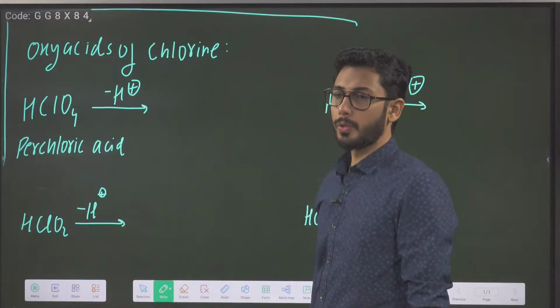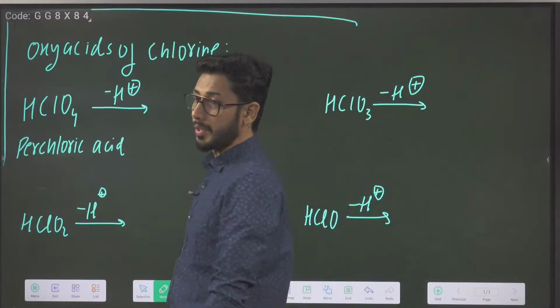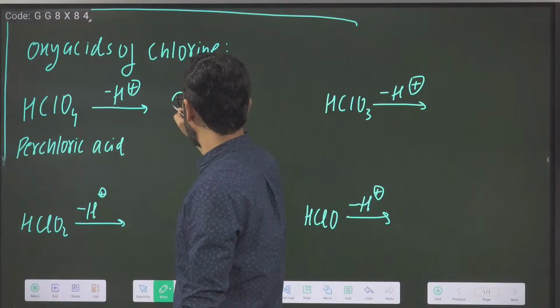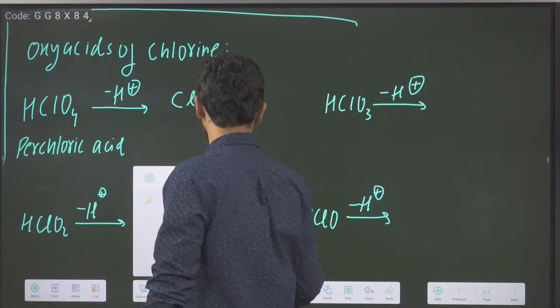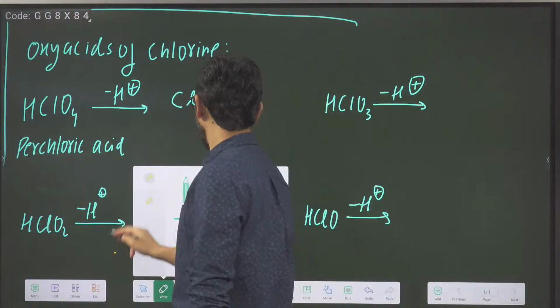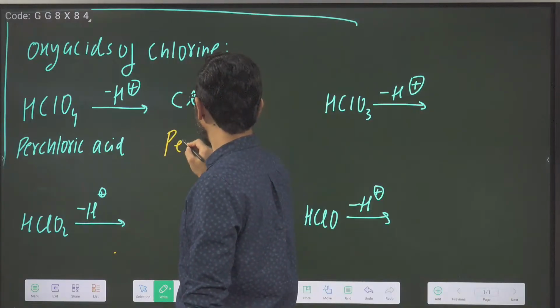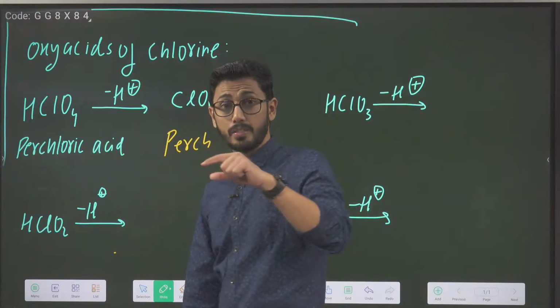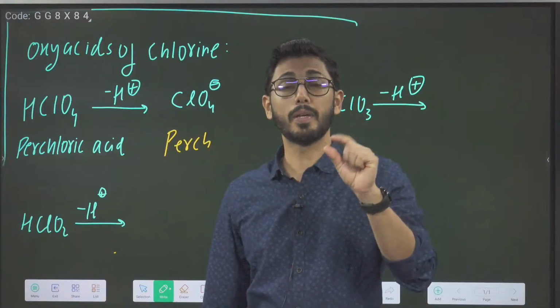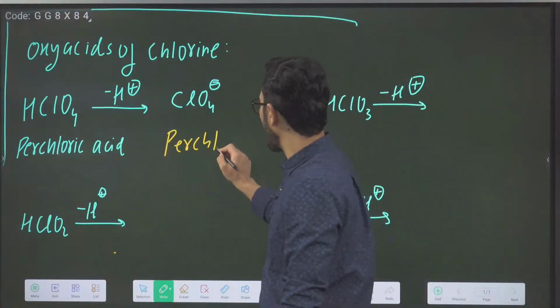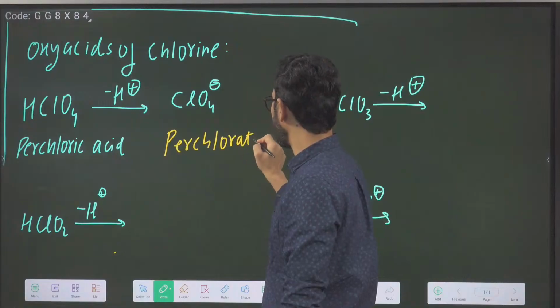Now HClO4 minus, perchloric acid. In this case, it becomes ClO4 minus. Its name will be per as it is, and ic acid, when ic becomes an anion, an oxoanion, its name becomes ate. So it's perchlorate ion.